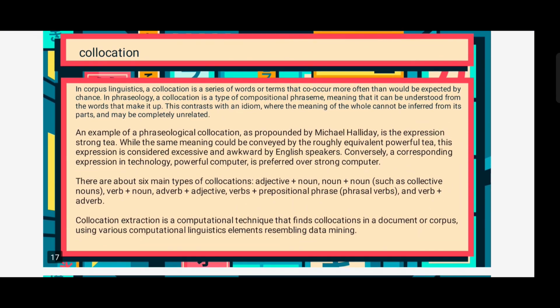Okay, this is the last one. Collocation. In corpus linguistics, a collocation is a series of words or terms that co-occur more often than would be expected by chance. In phraseology, a collocation is a type of compositional phrase, meaning that it can be understood from the words that make it up.